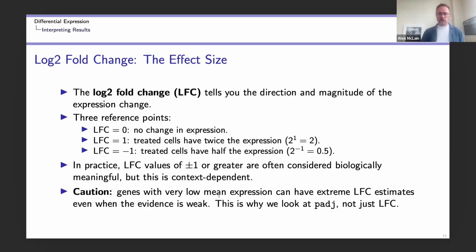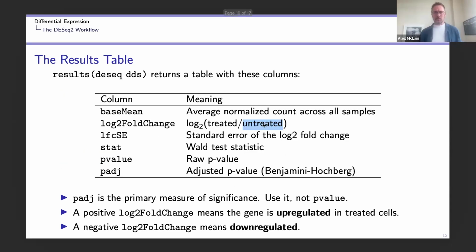If there is very low mean expression, the log fold change estimates can be a little variable. And why is that? Well, when you look at the ratio of two random variables, so here we're looking at the ratio of treated to untreated, when that denominator is small, there's just a lot more variability to it.